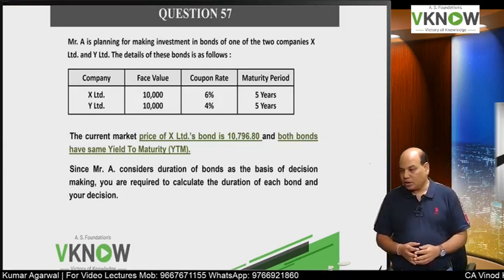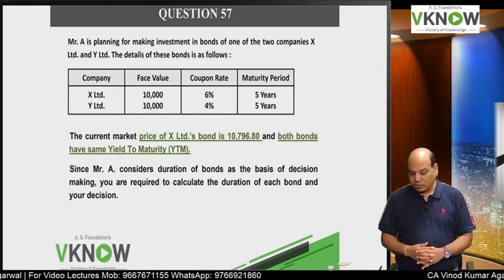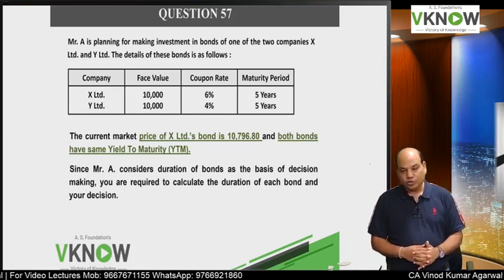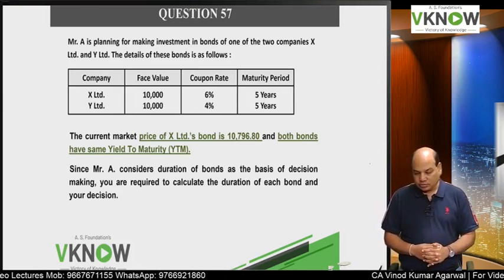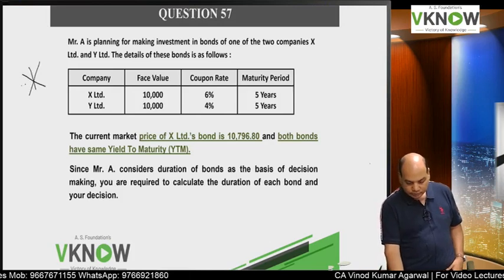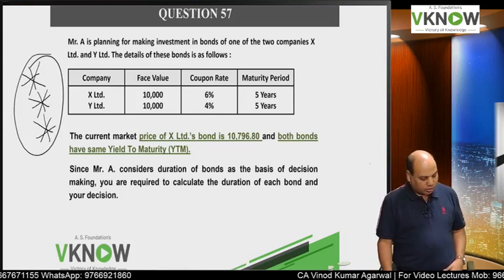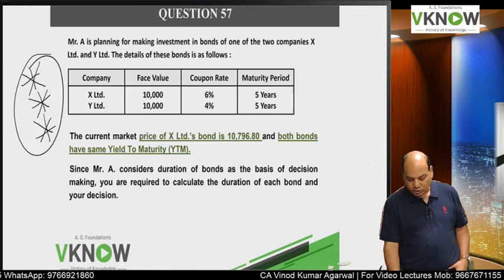Mr. A is planning for making investment in bonds of one of the two companies, X Limited and Y Limited. So this question also you mark important. The source I have not written, but it is from one of the institute publications only.